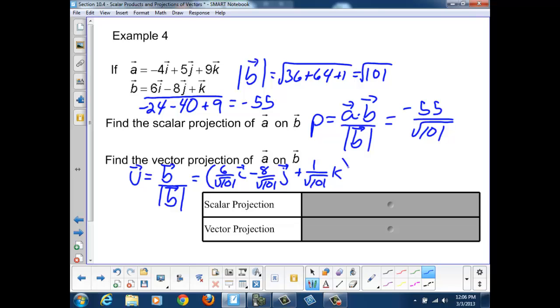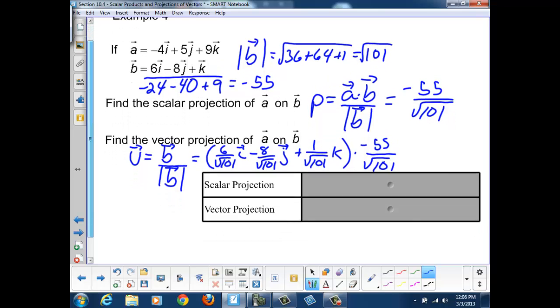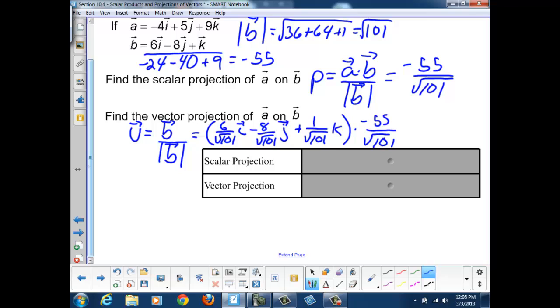So we multiply that by the scalar projection value that we just calculated, negative 55 over the square root of 101. So we're going to get a vector whose denominators are all 101 because I'm distributing that square root of 101 across my vector.